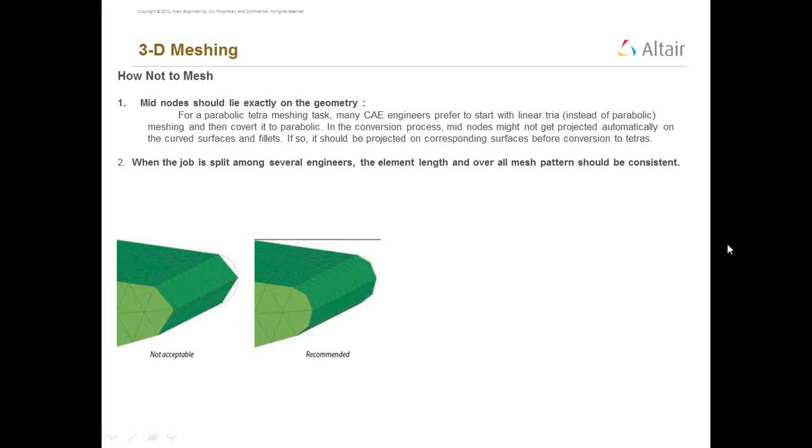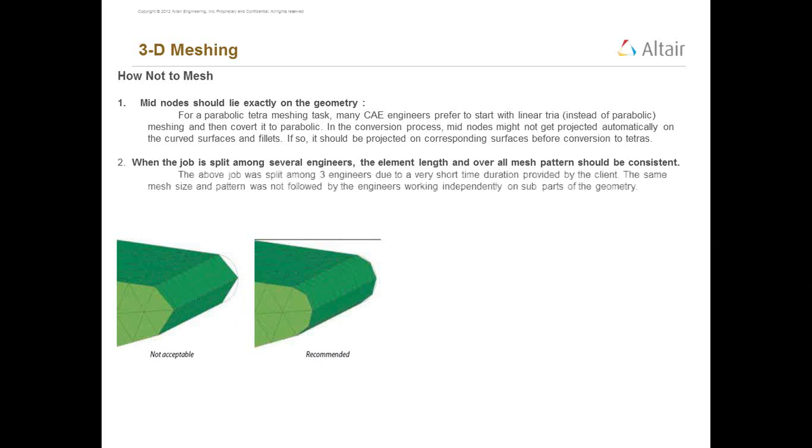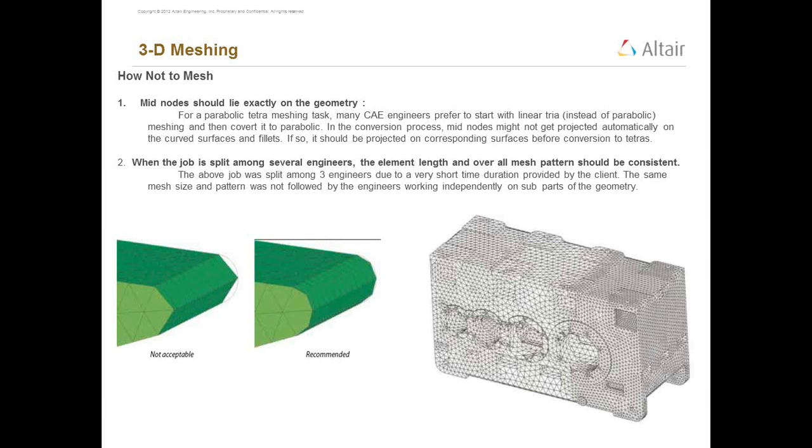When the job is split among several engineers, the element length and the overall mesh pattern should be consistent. The above job was split among 3 engineers due to the very short time duration provided by the client. The same mesh size and pattern was not followed by the engineers working independently on subparts of the geometry, as you can see here.